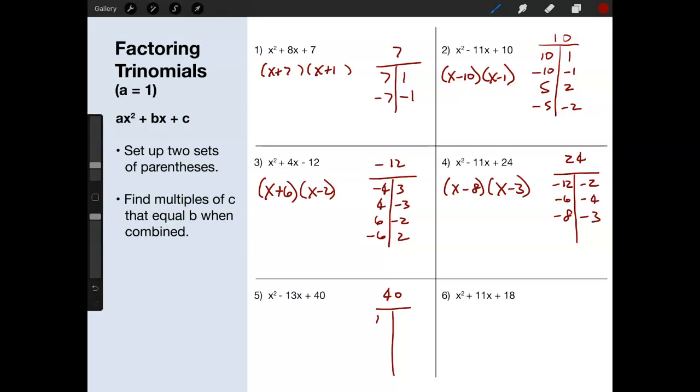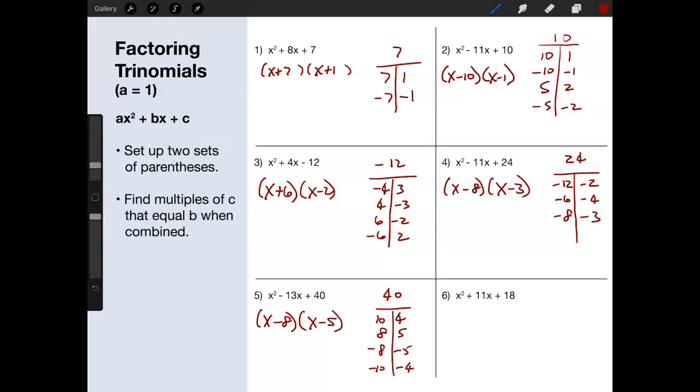We can use 10 and 4, 8 and 5, negative 8, negative 5, negative 10, negative 4. Our solution here would be negative 8 and negative 5 because when combined they equal negative 13. So this would be x minus 8 multiplied by x minus 5.